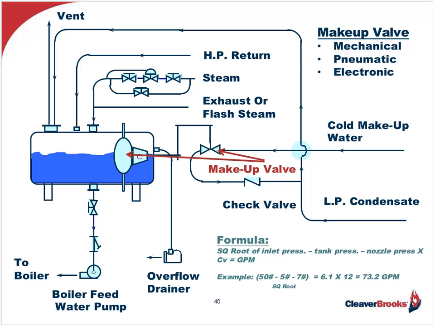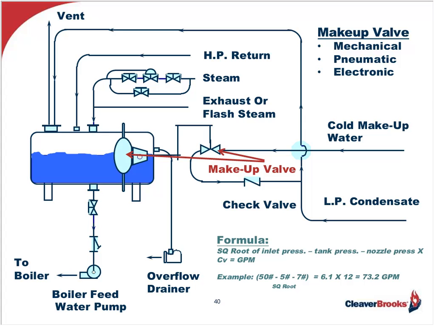Take the square root of the result from the inlet water pressure minus the tank pressure and minus the nozzle pressure, times the CV value. And the CV value is the valve's coefficient capacity, meaning at 60 degrees F water temperature, what is the amount I can pass across that valve to get a 1 pound drop?